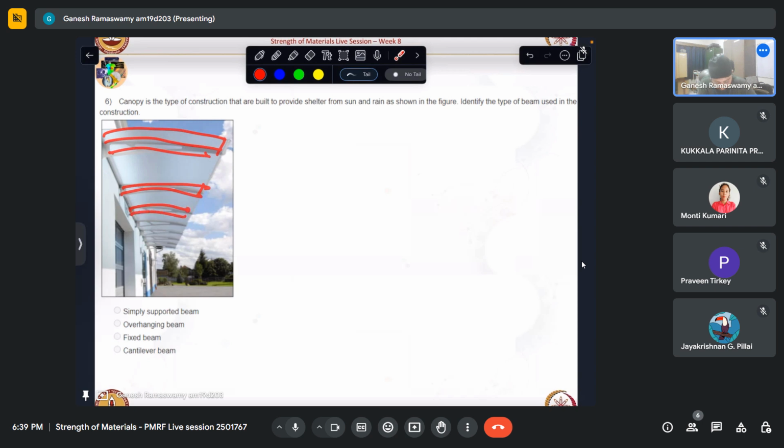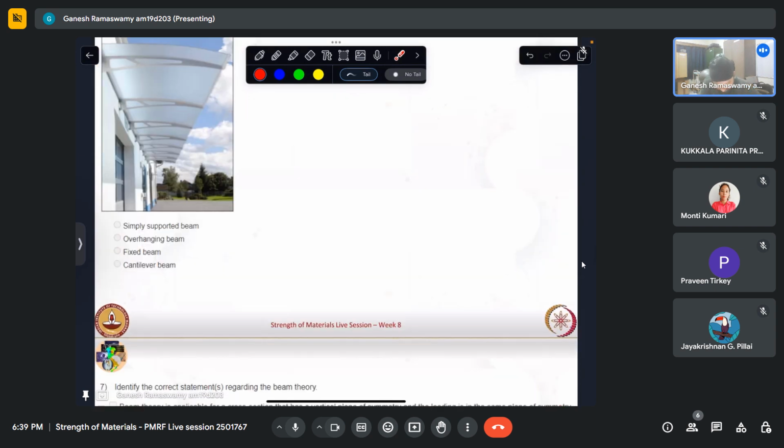There are a number of members like this, and then we have a cloth or some covering over that, which serves the purpose of providing the shelter. Identify the type of beam used for the construction.